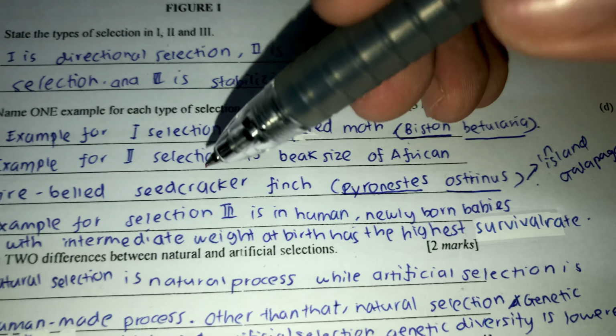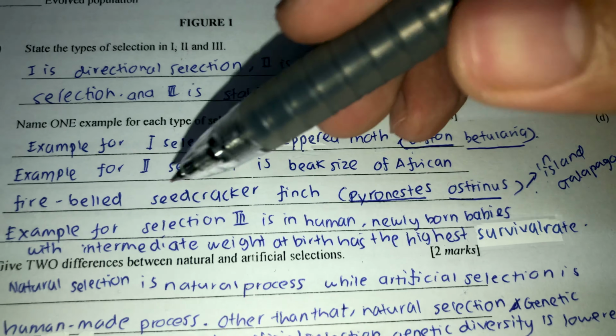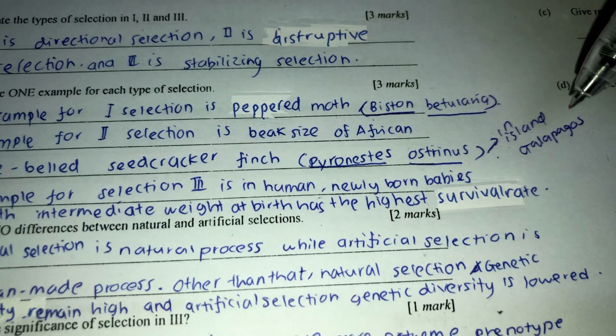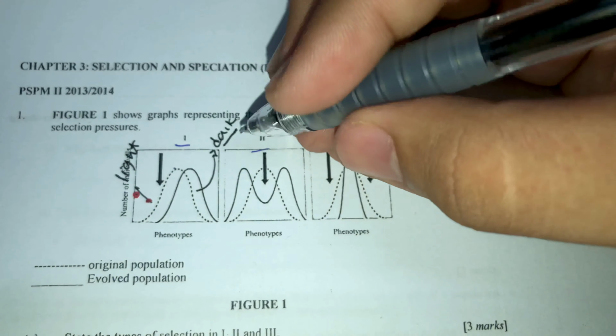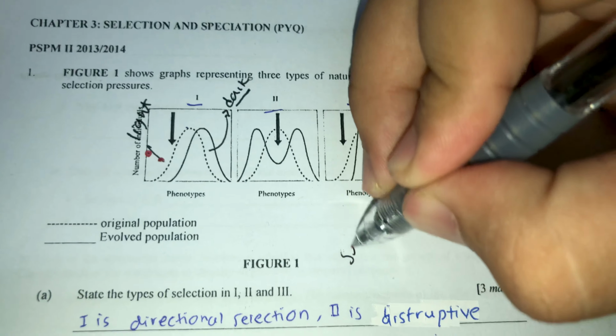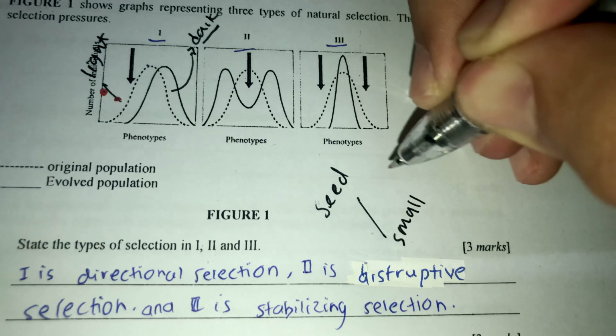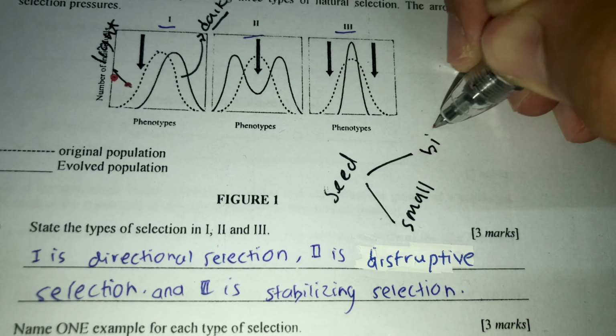the big-size African black-bellied seedcracker finch, Pyrenestes ostrinus, in the Galapagos islands. In the Galapagos islands, they have two categories of seed: the small one and the big one.